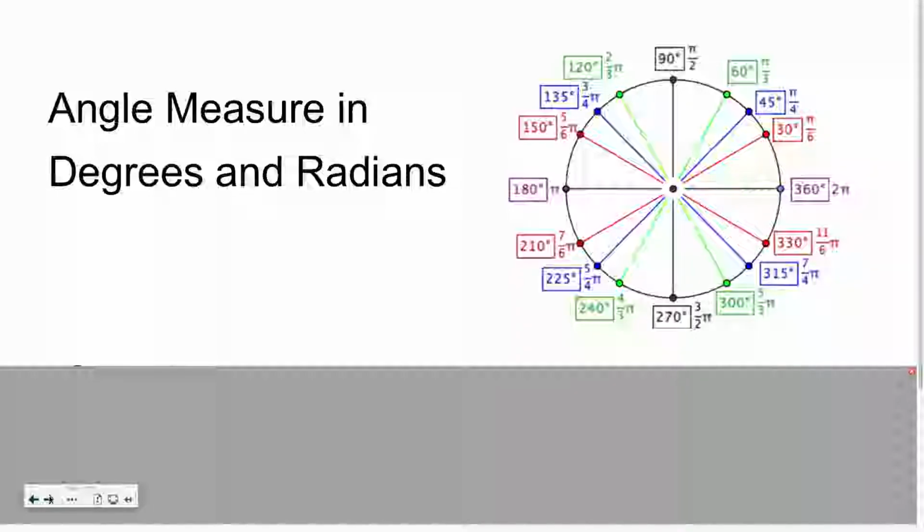Notice, as you're looking at this yellow piece of paper, not all the angles on the circle are listed. We're missing 1 degree, 2 degrees, 2.5 degrees, etc. The only angles listed on this circle are what I would call the special angles. To determine what the special angles are, really focus over here in quadrant 1. These angles in quadrant 1 should sound really familiar to you: 30, 45, 60, 90.